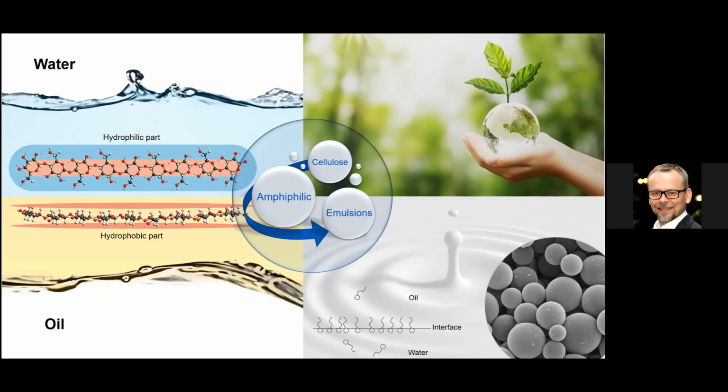It is very nice to go more into the details of how it works and why it works. And cellulose, since it's amphiphilic, it should be able to make emulsions, and that is what we have tested a bit.